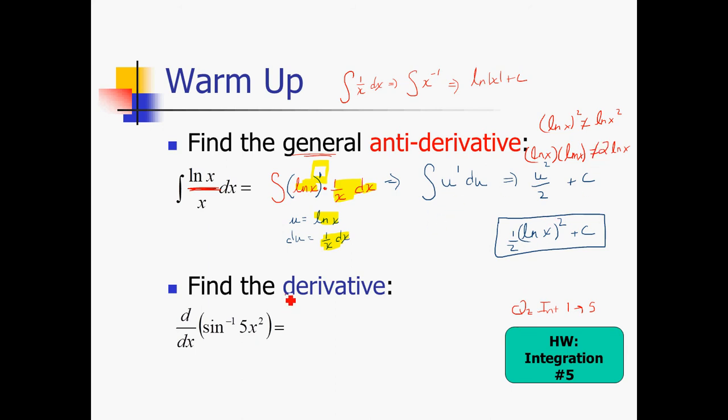Now, you might be wondering why I'm asking you to find a derivative of inverse trig. Because guess what? One of the things we're going to do today is do the antiderivatives of inverse trig. So just remembering what the derivative is. The derivative of inverse sine, remember, gets rid of inverse sine. It's 1 over the square root of 1 minus the stuff squared times the derivative of the stuff.